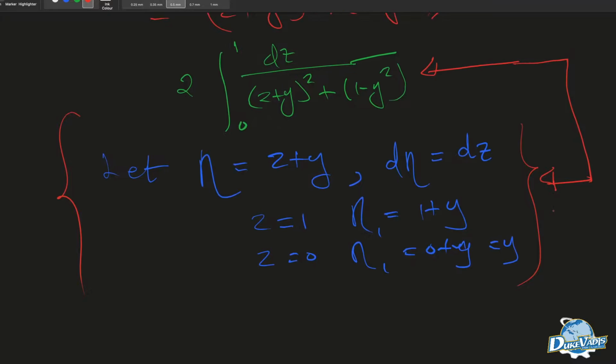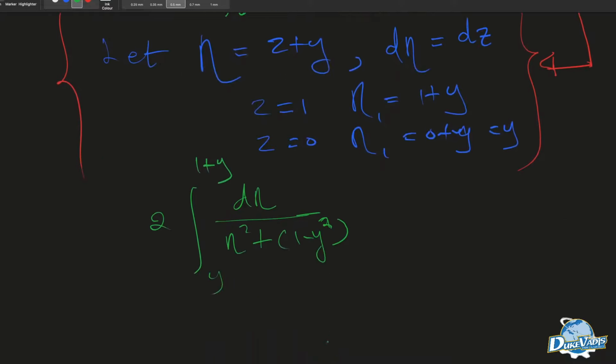Okay, so now our integral, because we have done a substitution, is going to be 2 integral from y to 1 plus y as our new limits, then this one will be dxi instead of dz, all over xi squared plus 1 minus y squared.